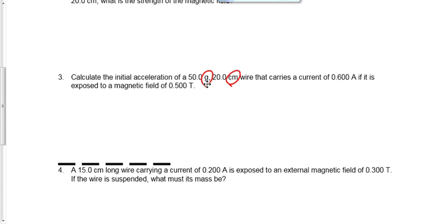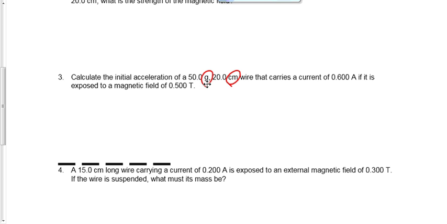But what do you know about acceleration? In Physics 30, whenever you want to find acceleration, what do you have to find first? Yeah, find a force. If it's an acceleration due to an electric field, then find the electric force. If it's due to a gravitational field, find the gravitational force. If it's due to a magnetic field, then find a magnetic force.